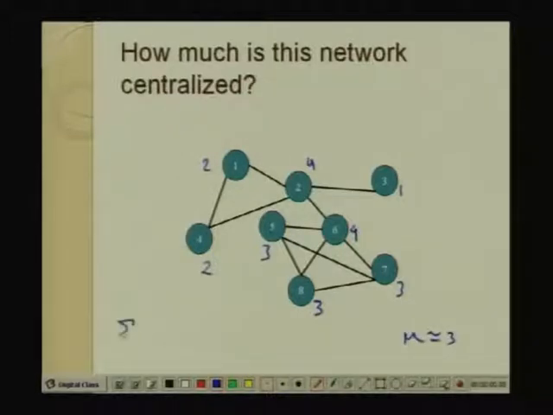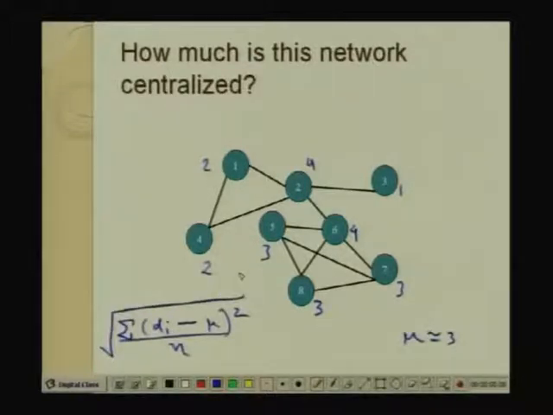Basically you take all the nodes, say d_i is the degree of node i, subtract the mean from it, square it, divide by the number of nodes and take the root. This gives you the standard deviation sigma. Actually, the variance is when you do not take the root. So, basically you get the variance that way.